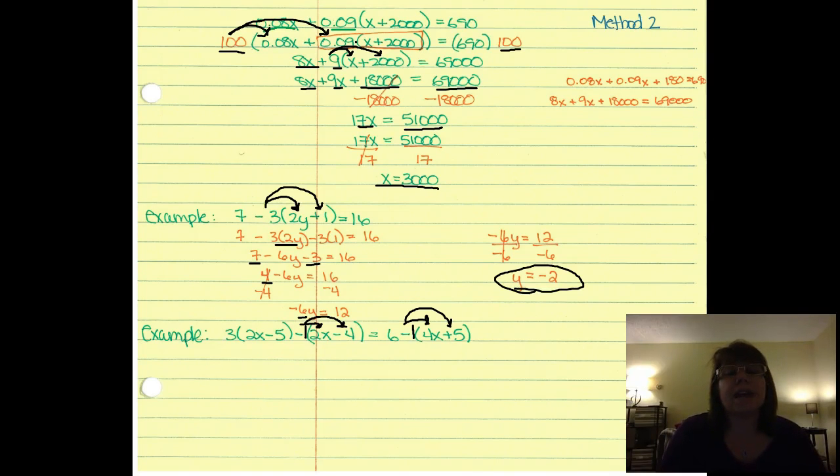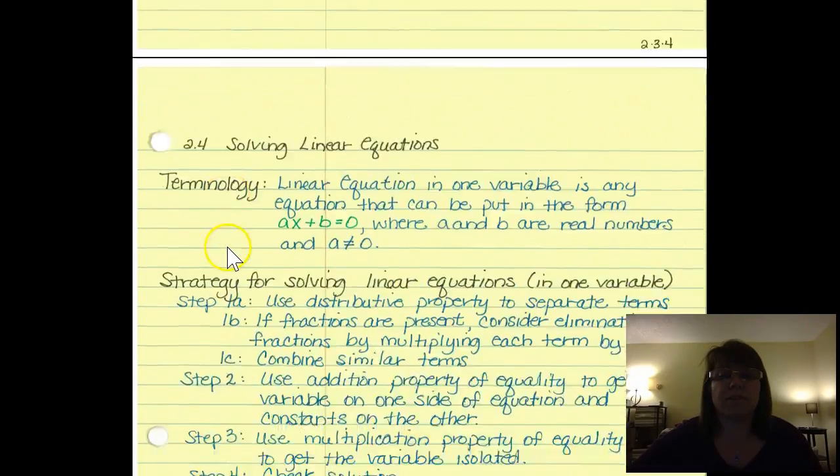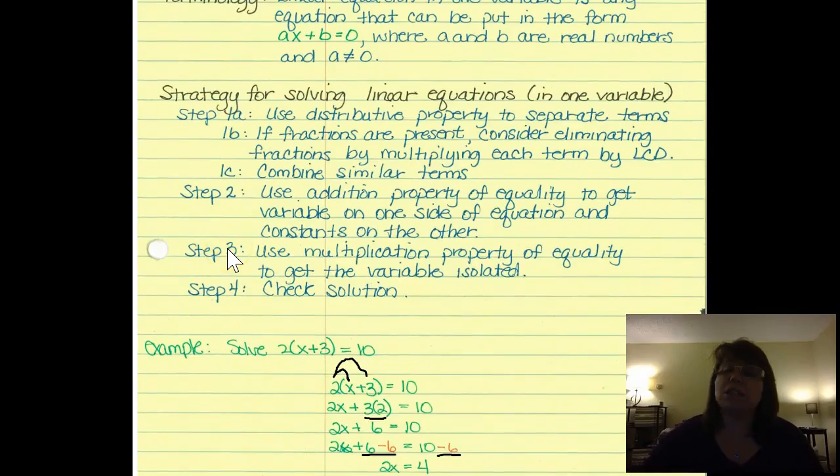Okay, so that's it. Just to recap, let me scroll up to our very beginning and look over our strategy one more time. Maybe you can put all these parts and pieces together with some of the examples we were doing. Step 1, distributive property if needed.